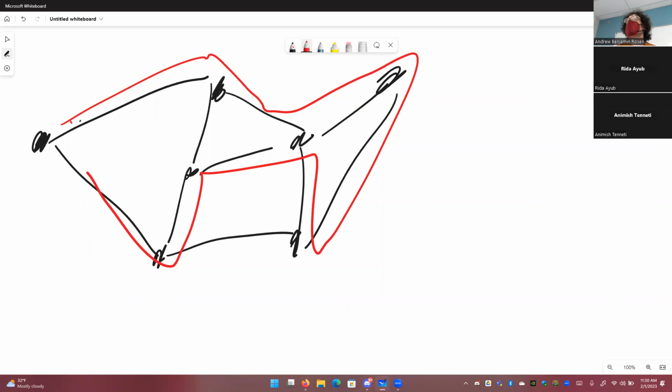But here, it's very easy for you to see the red line gives you an answer. The answer is easy to check. The problem itself is much harder to solve. Make sense? That's what NP complete is.